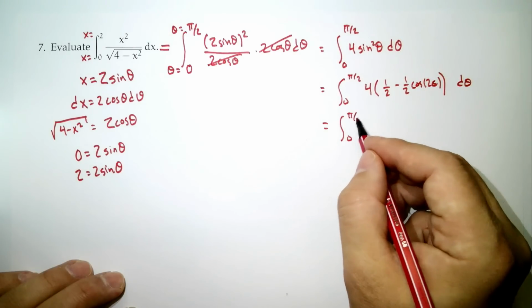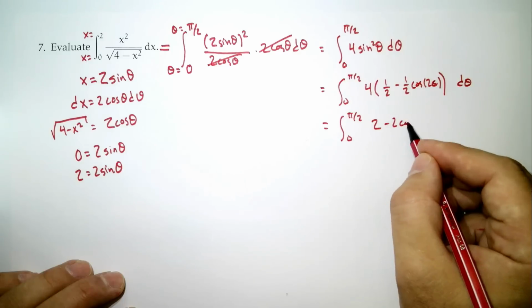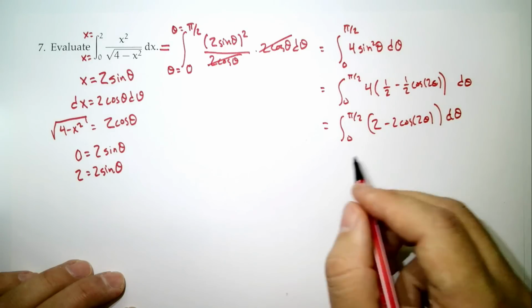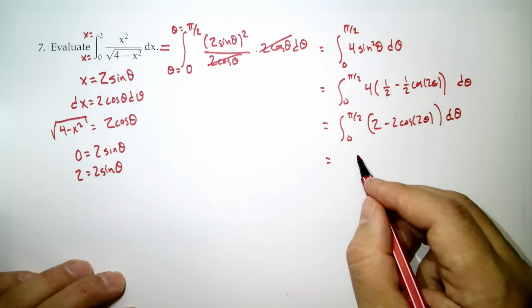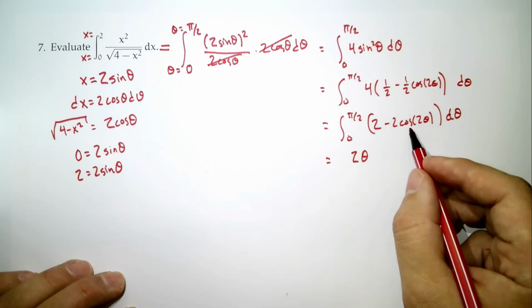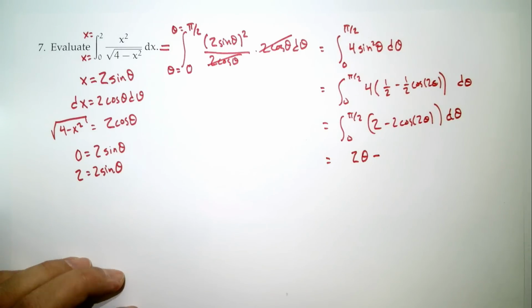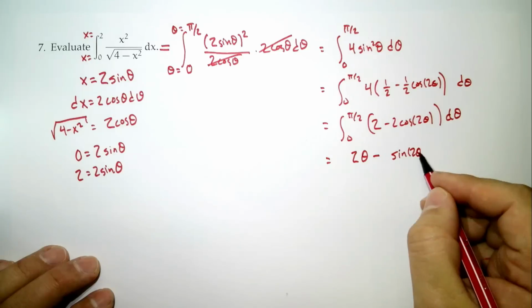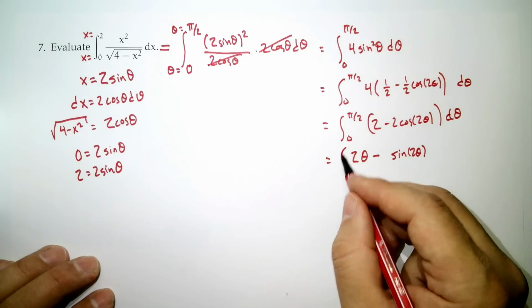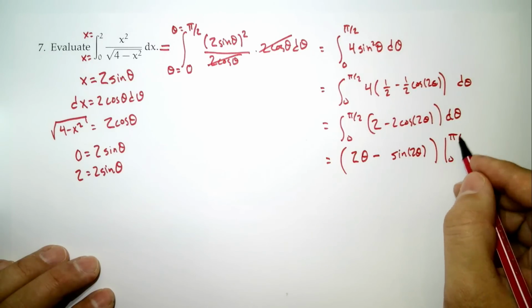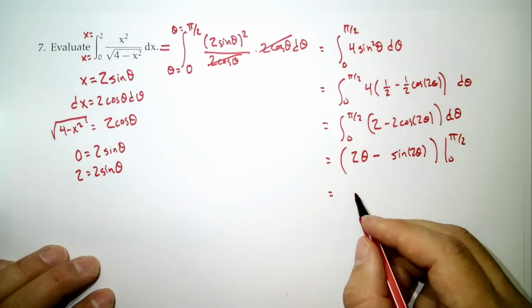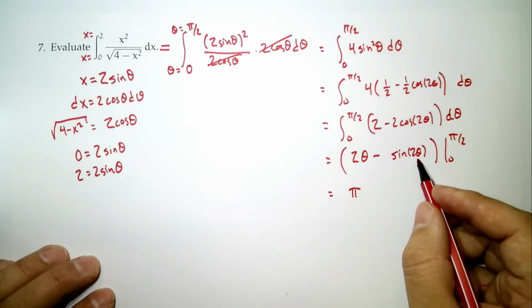So this becomes the integral from 0 to pi halves of 2 minus 2 cosine 2 theta d theta, which is 2 theta minus the antiderivative of 2 cosine 2 theta, which would be 2 sine of 2 theta divided by 2, so the 2's end up canceling. And we're going to go from 0 to pi halves, which gives us the final answer of 2 times pi halves, which is pi.